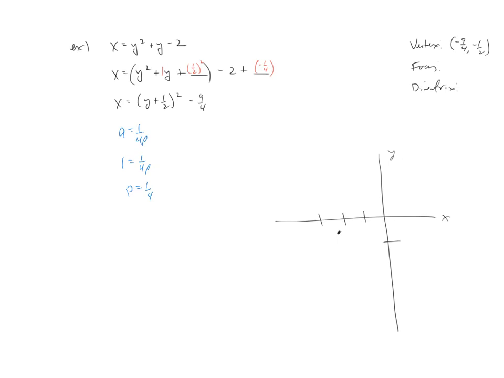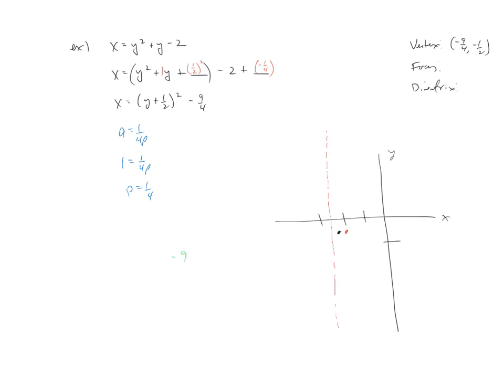So our a value being positive, we know this opens to the right. So a distance of 1/4 to the right puts us at our focus, and a distance of 1/4 unit to the left puts us at our directrix. So I'll write it out so it's a little easier because we're dealing with some small numbers here.